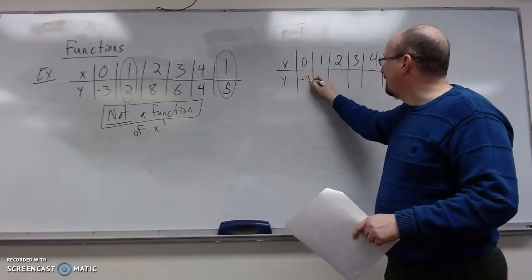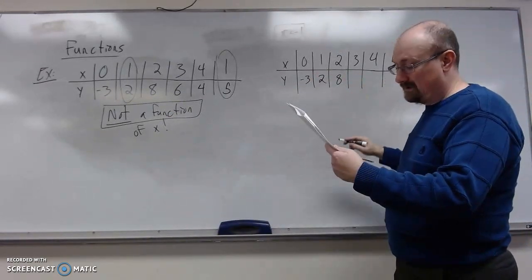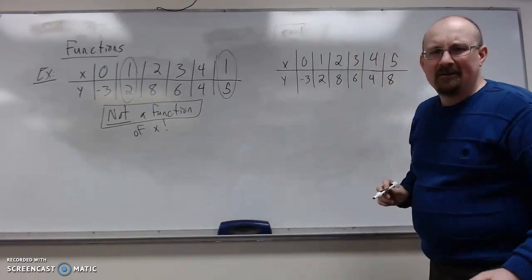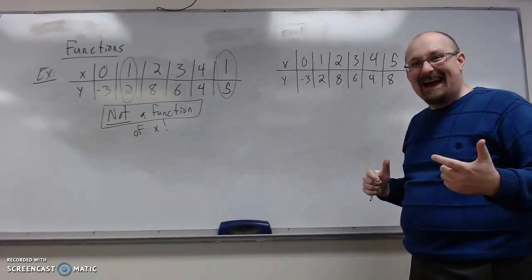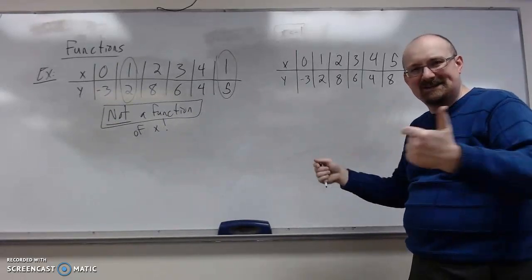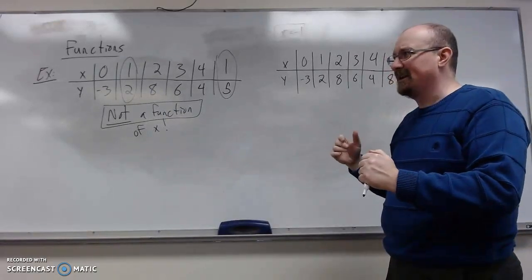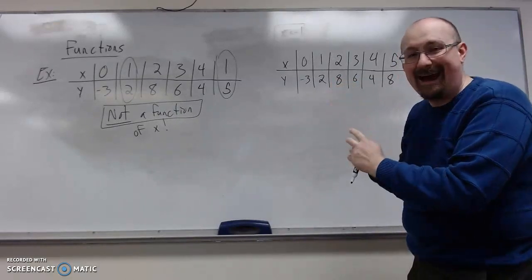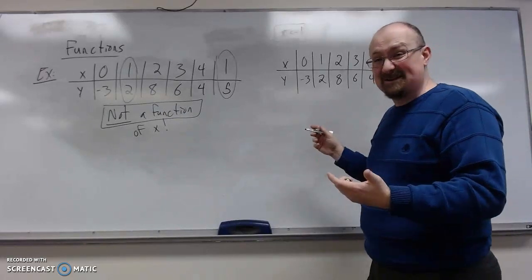Technically, whatever I write as far as the y's go doesn't matter: 8, 6, 4, 8. Now you might say, wait a second, we have multiple y's. It's okay to have multiple x's pointing to the same y. Remember, if you go back to that picture from the previous video, we can have multiple arrows ending at the same spot. We can't have multiple arrows starting from the same point. So this is a function.